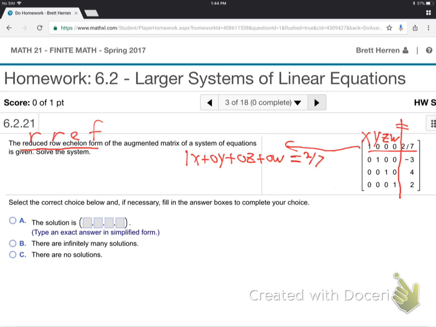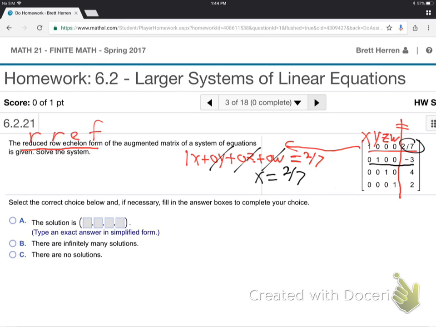Okay, so what is 0 times y? Gonzo. In other words, this just says 1x is 2/7. And 1x is just x. It's just saying x is 2/7. Do you see how that first row is just saying x is 2/7? So that's the answer for x. What is the second row saying?